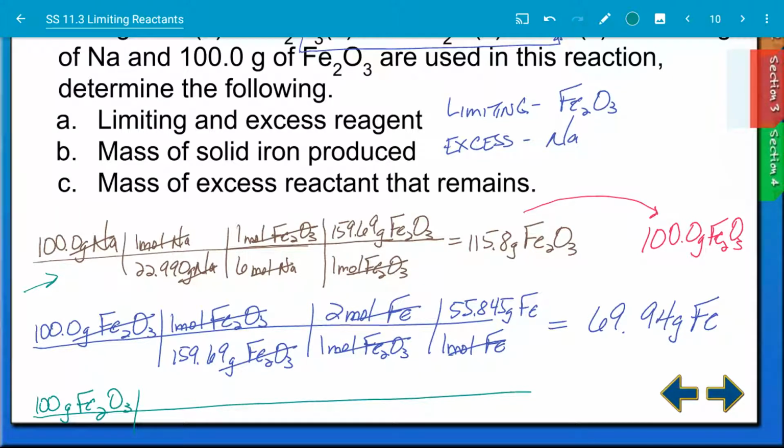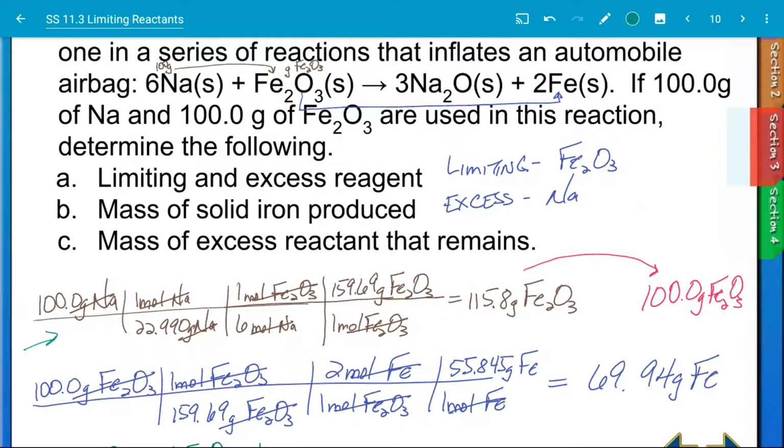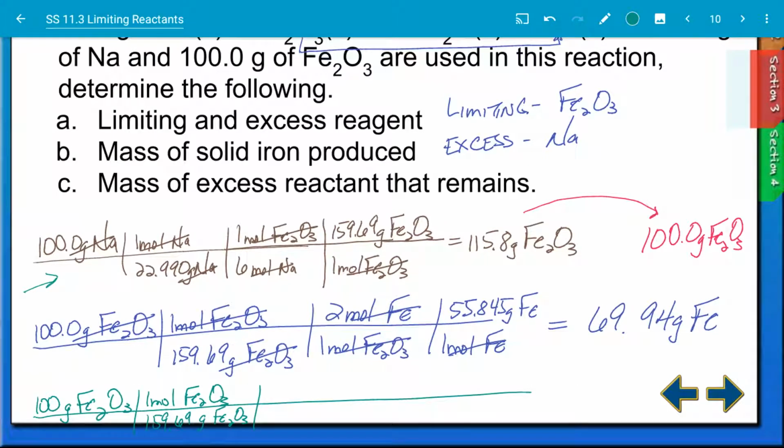So I know that 1 mole of iron 3 oxide weighs 159.69 grams. And I know for every 1 mole of iron oxide, it's 6 moles of sodium.